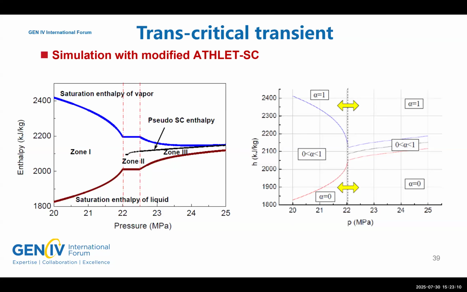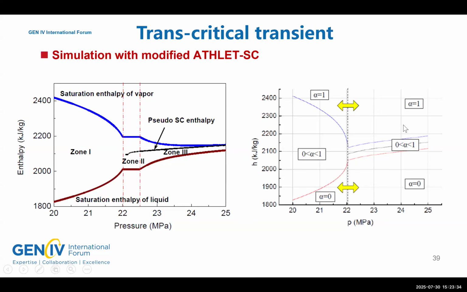So what we did is we modified the code, and we introduced a transition region. In this region, the void fraction in the supercritical condition can also take values between 0 and 1.